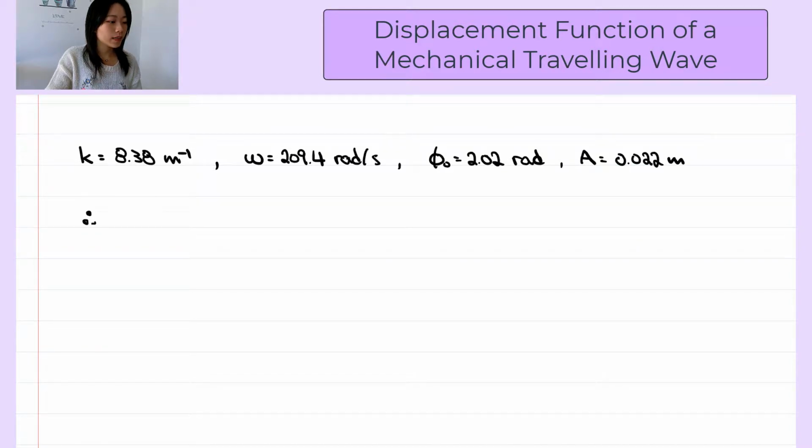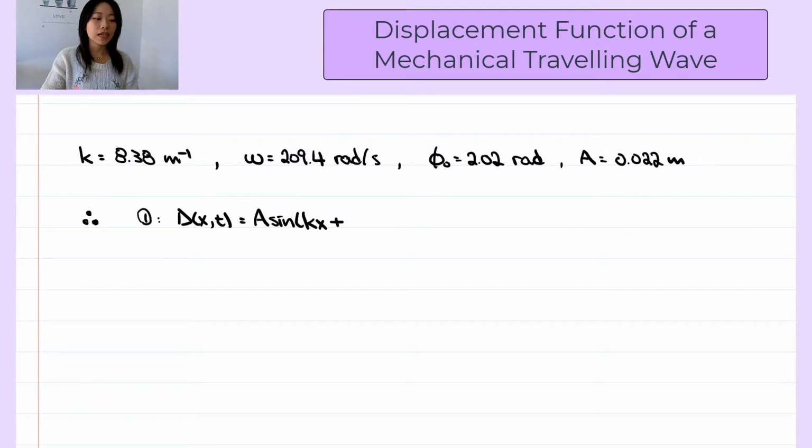So, let's go back to our equation 1 and equation 2. Equation 1 is the displacement function. It's a function of x and t. It is amplitude times sine of wave number times x plus, it's a plus sign here because it is a left traveling wave, angular frequency times time plus the phase constant.